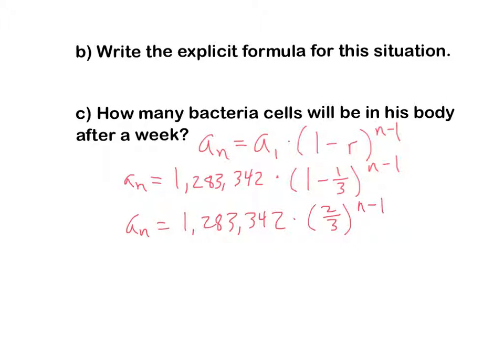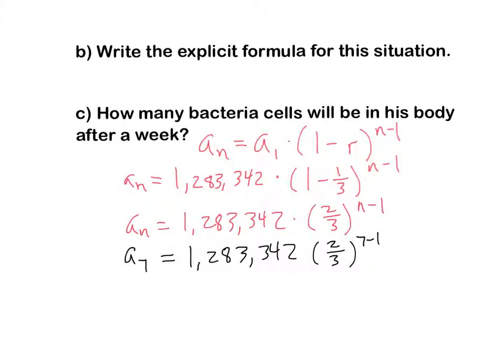If I want to know how much is in his body after 1 week, then N, I'd be looking for the 7th term. So A sub 7 would be what I'm looking for, because there are 7 days in a week.